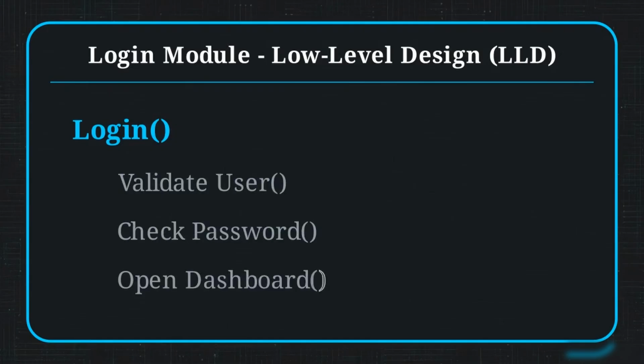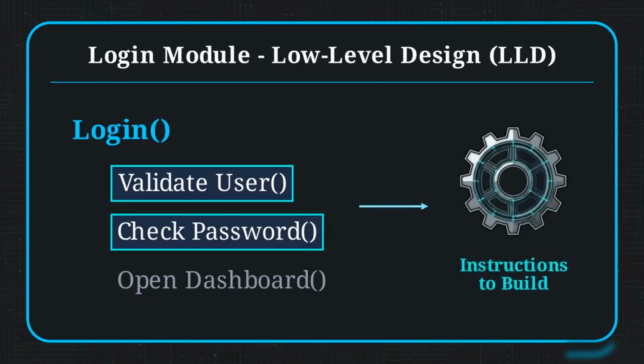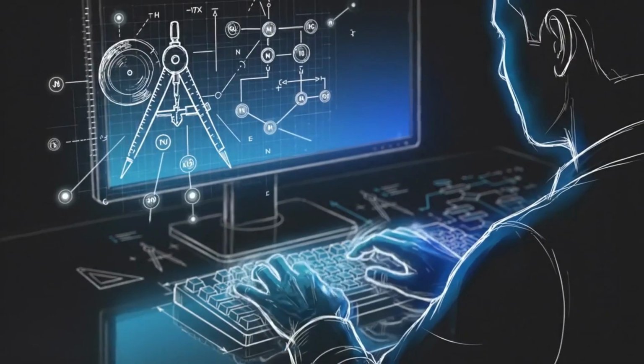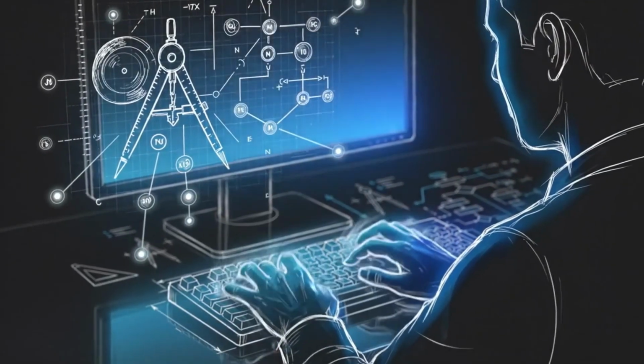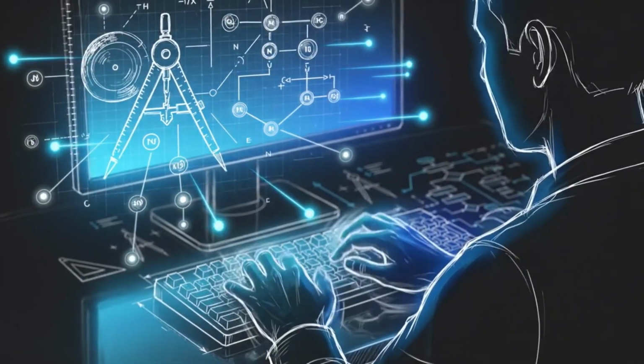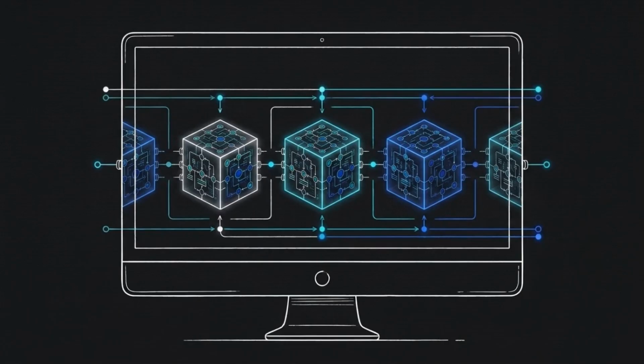When we see steps highlighting, like validating a user or checking a password, we're looking at the exact instructions needed to build. High-level design aligns the architect's overall vision for the entire app. Low-level design gives the programmer the precise, logical instructions they need to sit down, look at their screen, and finally start typing.